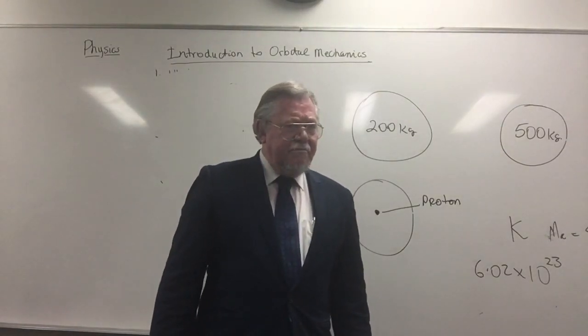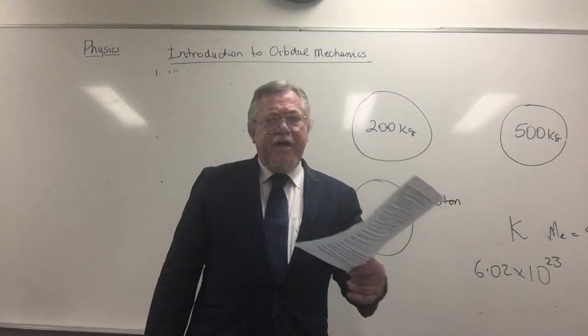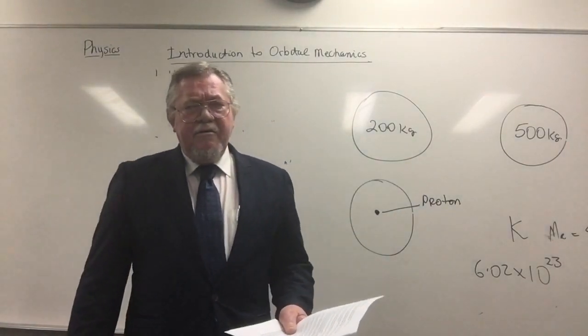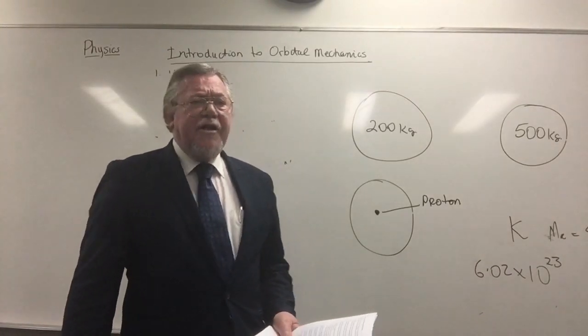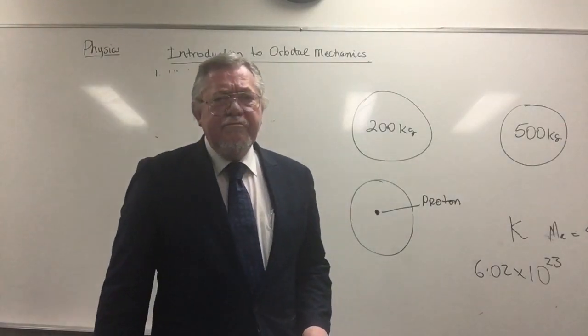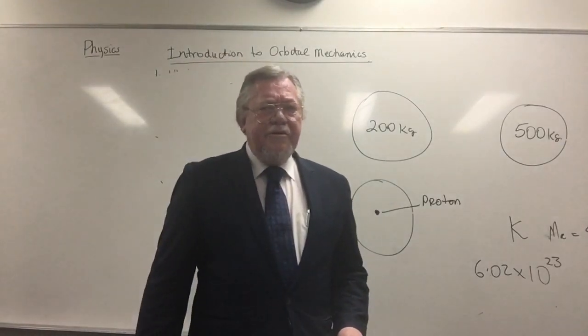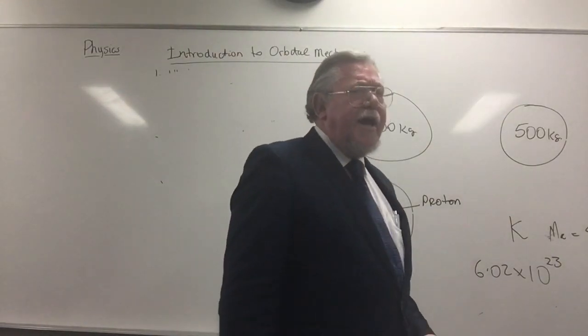If you're clever, you can have a look at how many protons there are in lead. How many protons are there in lead? 82 protons in lead. How many protons in gold? 79 protons in gold and 82 in lead.